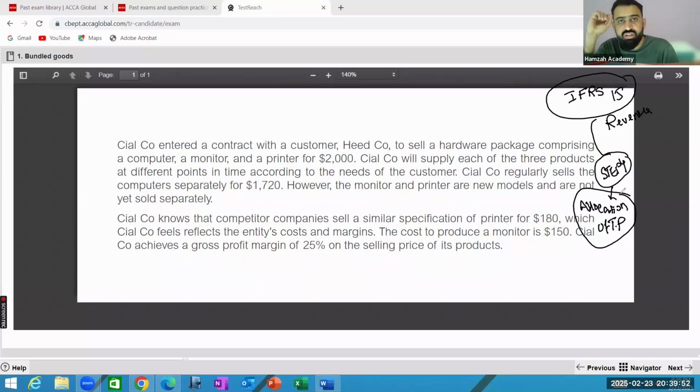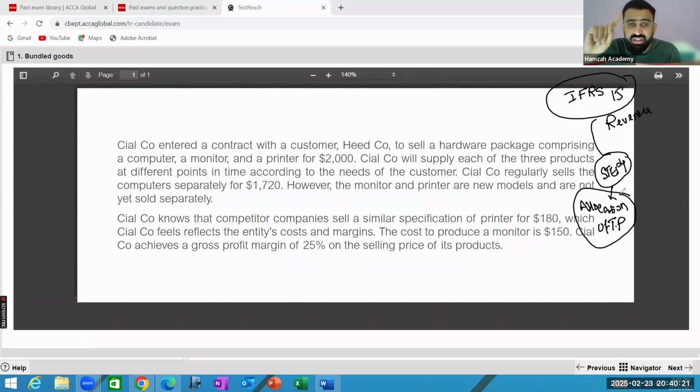Now, let me tell you one thing. At the start of this session, I told you to keep yourself in limits as per the requirement. Now, in this question, the examiner is just asking about how to allocate the transaction price, which is step number 4.